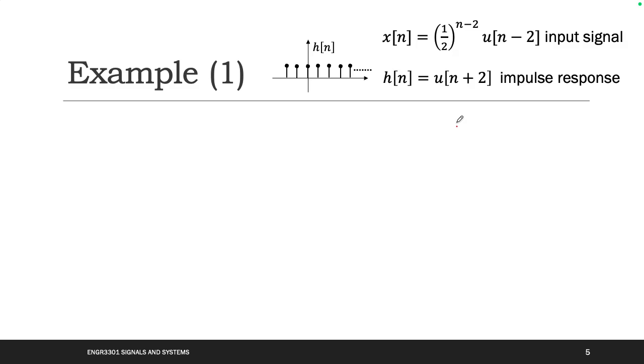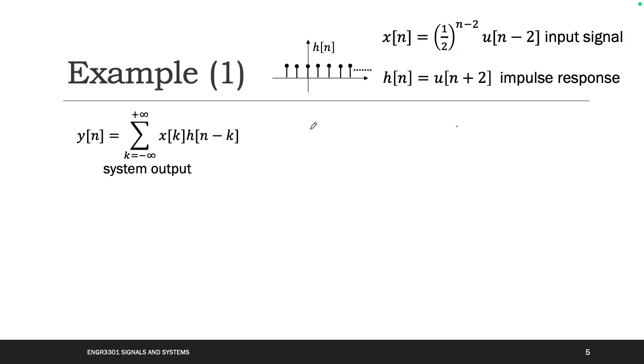Just remember that. Also, if your x[n] and h[n] are simple impulse sequences, you can just use some properties. But if your input and impulse response are not that simple, you need to use this equation, the convolution equation.